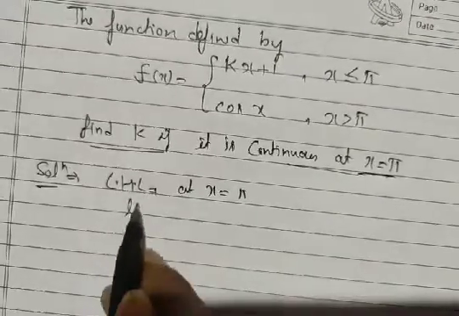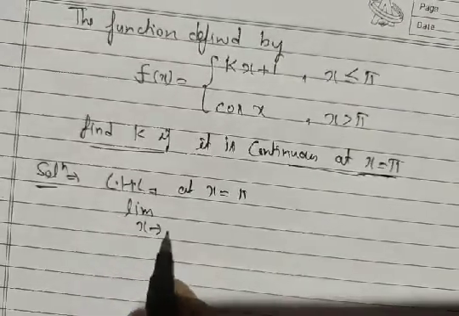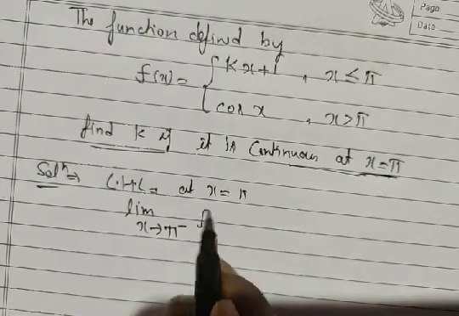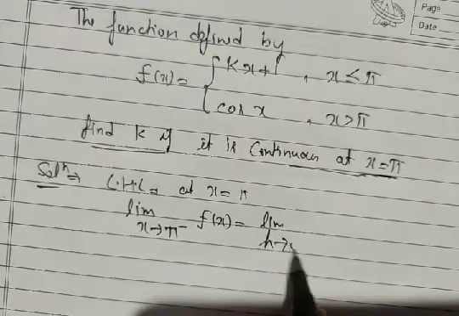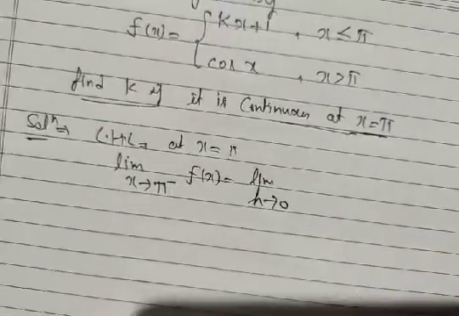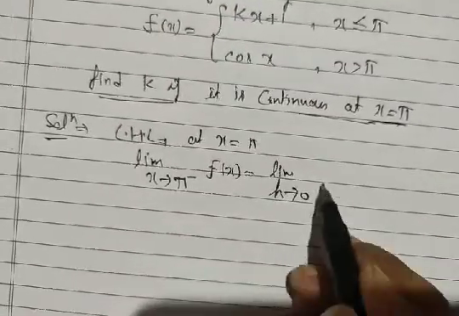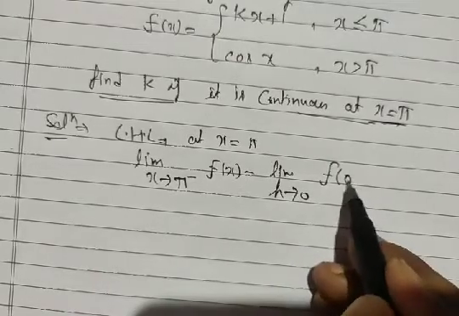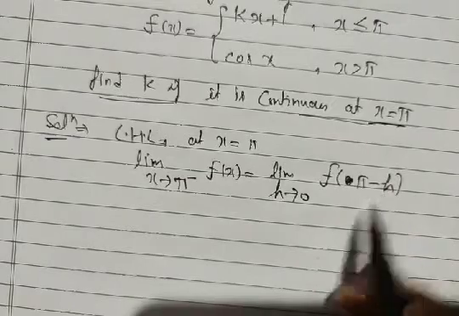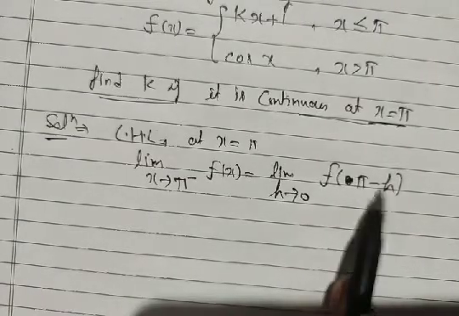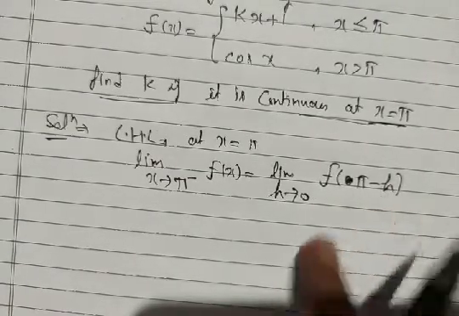We start with limit x tends to pi minus f(x). Again we change with arbitrary h, limit h tends to 0, f of pi minus h. Now pi minus h means it is not equal to pi, it is less than pi.